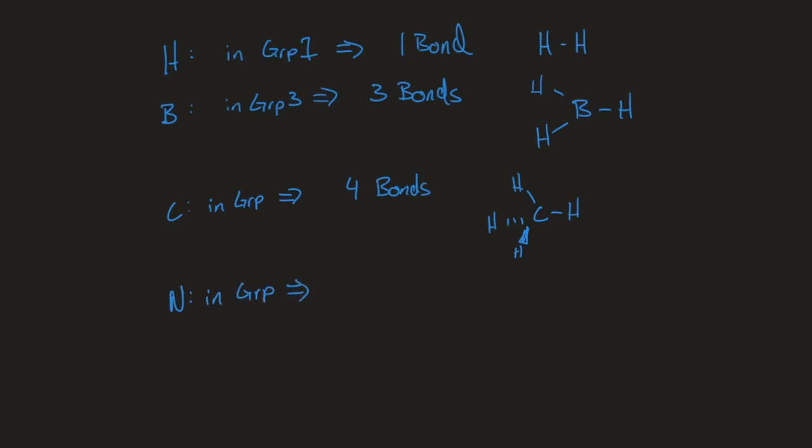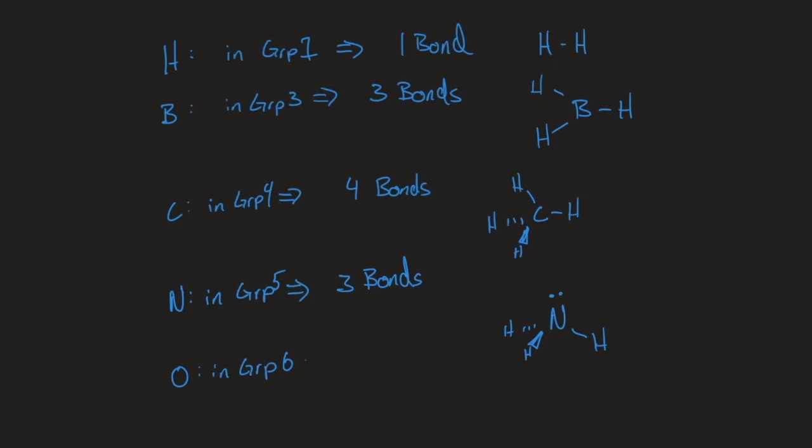Group 5 atoms tend to form 3 bonds. We're going back down, as in ammonia. Ammonia has a lone pair on nitrogen and 3 bonds to hydrogen. Oxygen in group 6. I forgot my 5 up there for nitrogen and my 4 for carbon.